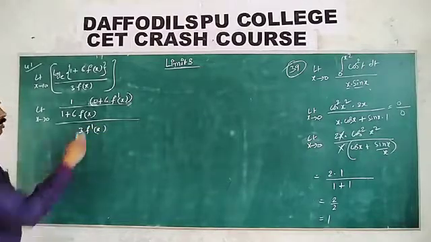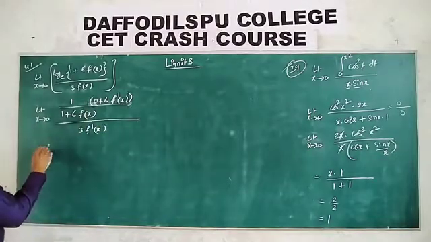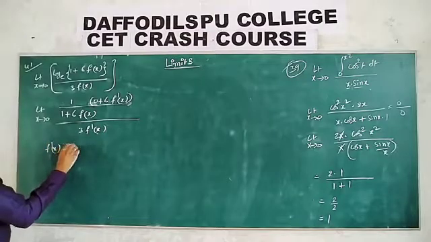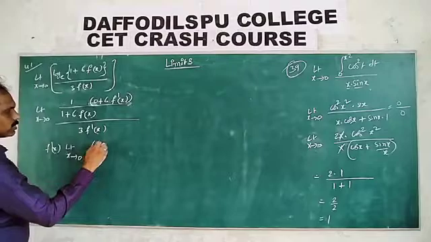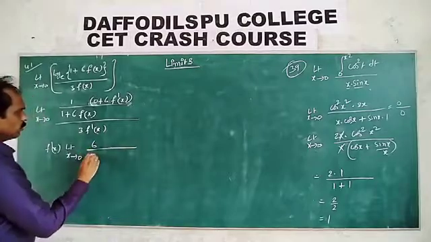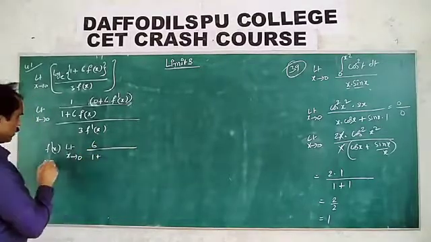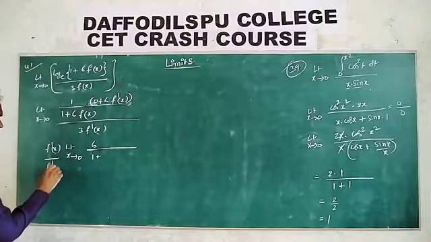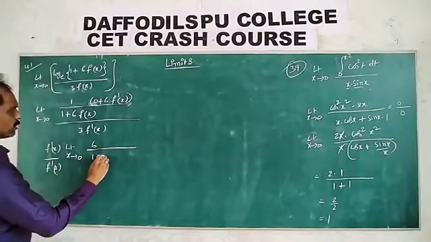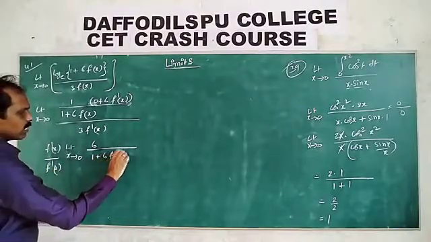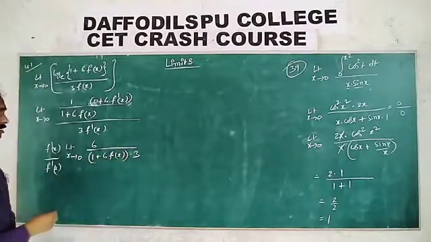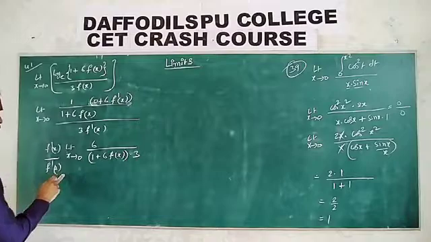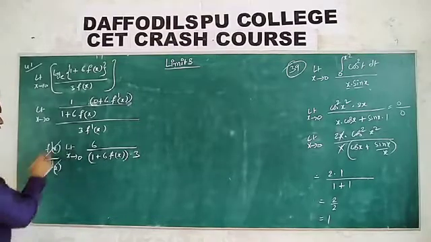Clear? Okay. f dash x is on the outside. Limit x tends to 0, 6 divided by 1 plus this, f dash x is also outside, 1 plus 6 f of x into 3. Right? Now f dash x cancels.